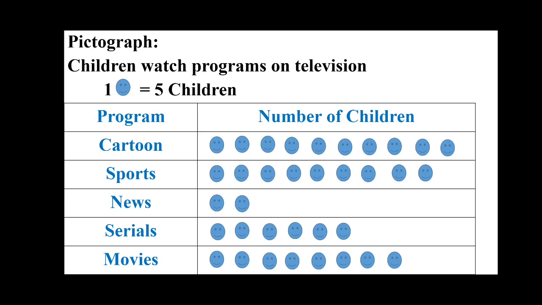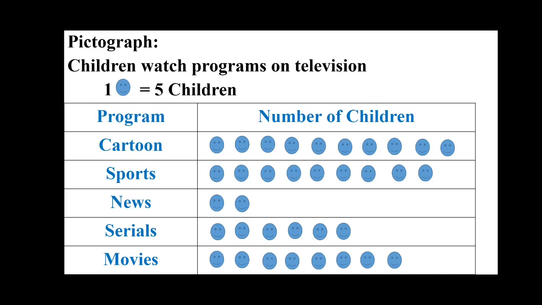So, 8 symbols need to be placed near movies because 8 5s are 40. I hope students, now you can understand well about tabular form and pictograph representation of data.